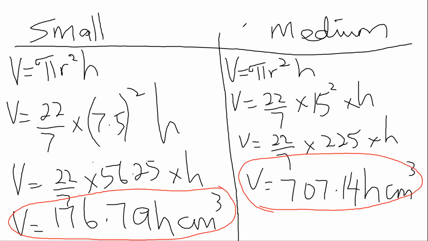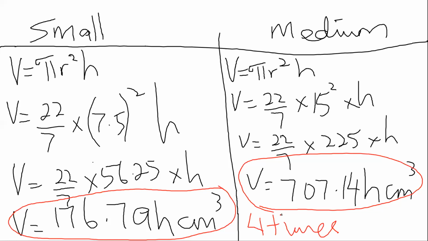So we could divide 707.14 by 176.79 and tell me what you all got. I got 3.99999, which is basically 4. So it's basically 4 times. So it's not 2 times the size, but rather 4 times. You all understand, right?